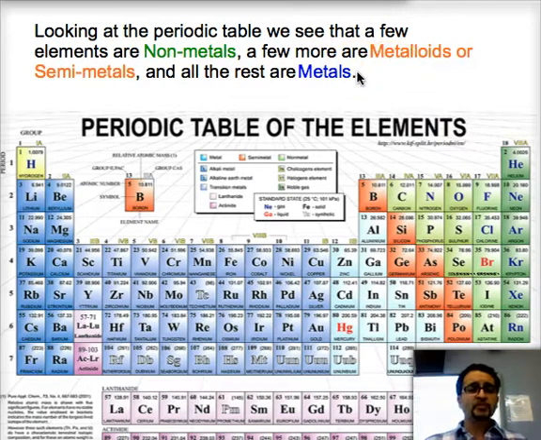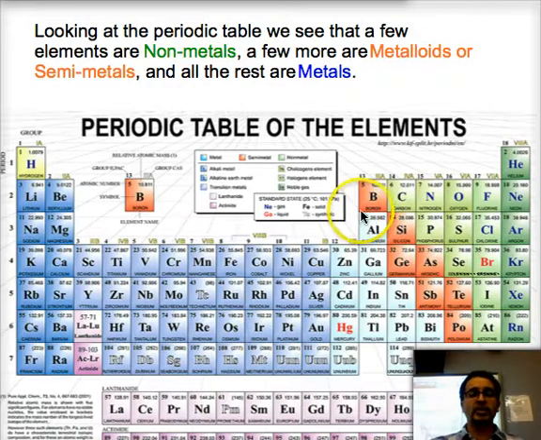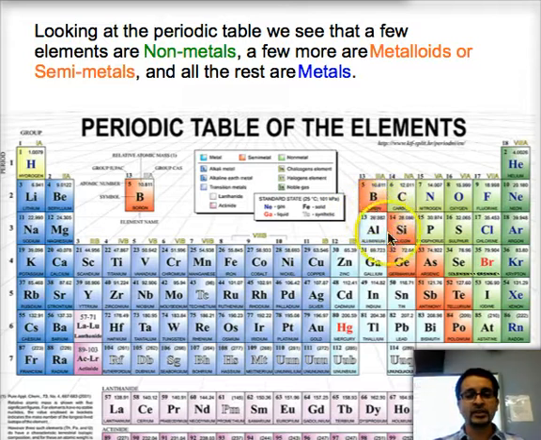If we look at the periodic table, we can actually see that there is a line that divides where metals and nonmetals are, and that line goes right between these orange elements here. It divides metals to one side, nonmetals to the other side, and the elements that are by that line are called semimetals or metalloids.